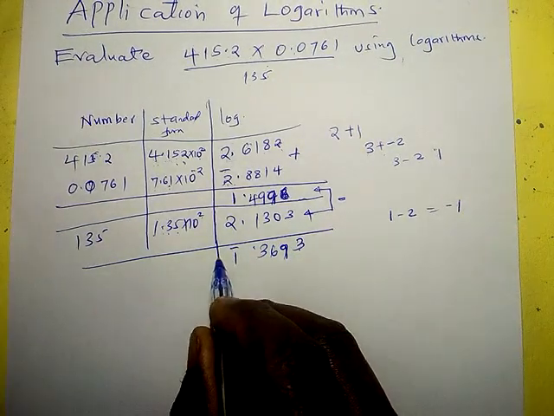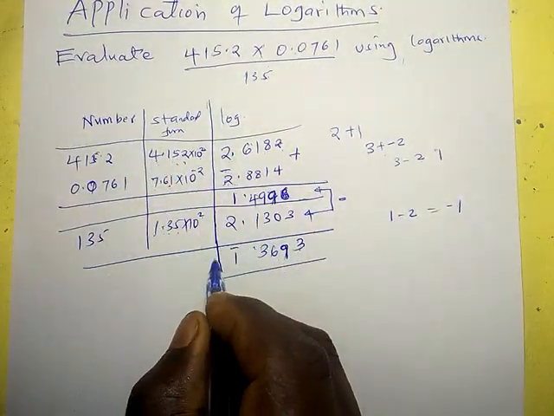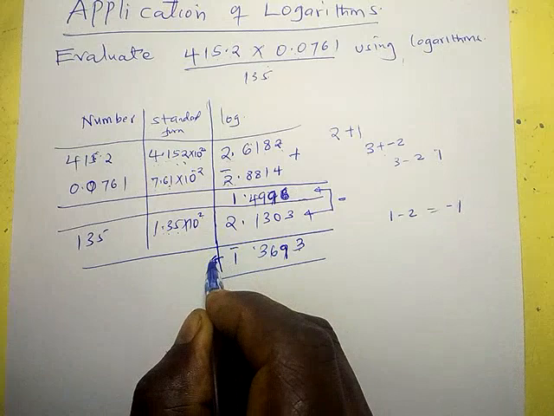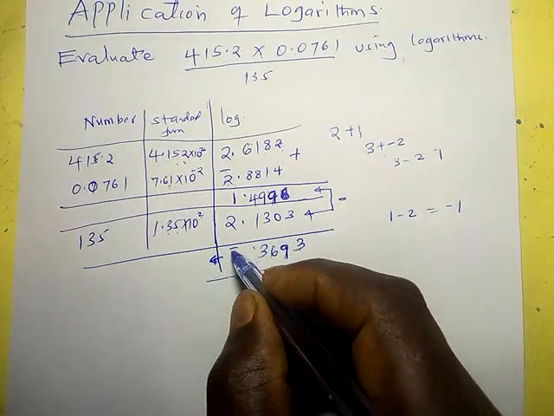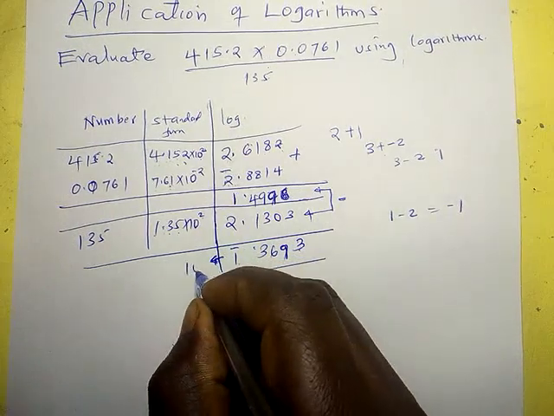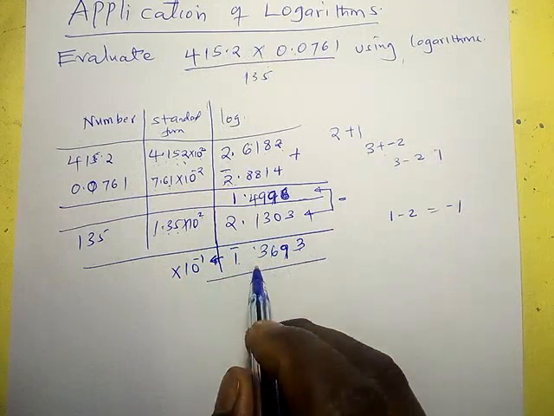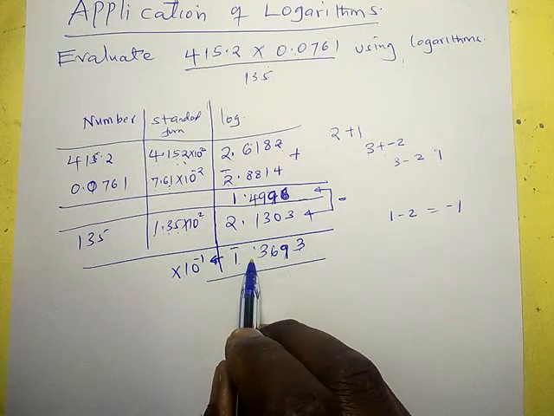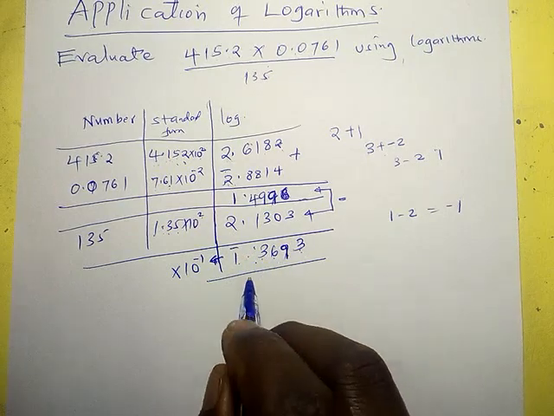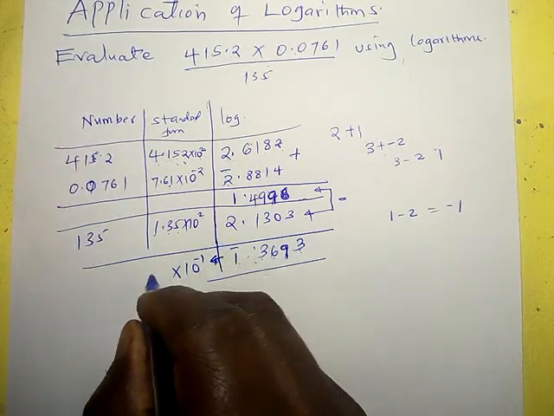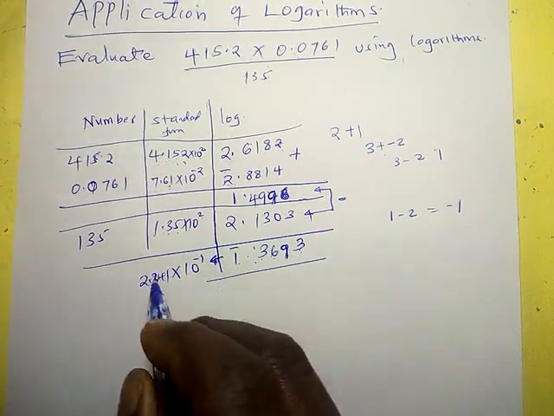Now, once we are here, we are finished. But we must get the number. So we go back. And this is now what we call the antilog. Once we are here, we find the antilog of this number. The first thing, we know the characteristic is negative 1. So it is 10 raised to power negative 1. We are finished with the characteristic. You go to the antilog table and find the antilog of 0.3693, and that one will give you 2.341.